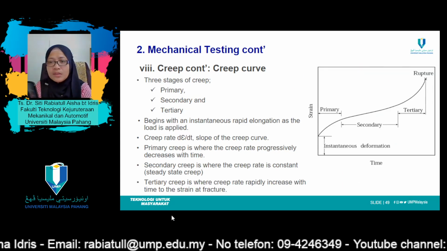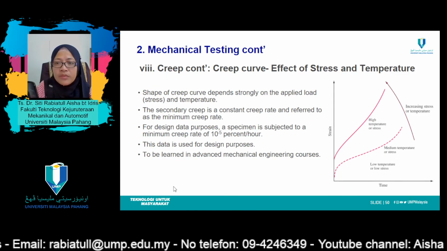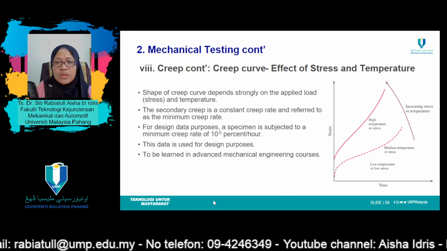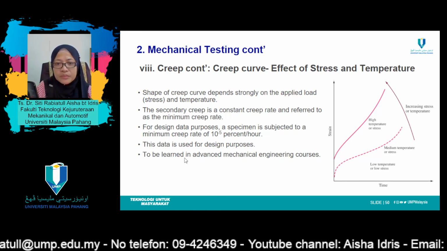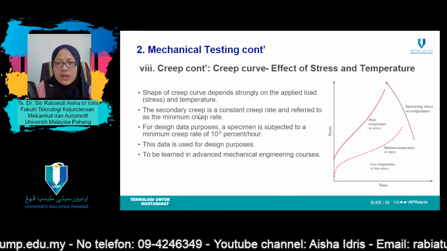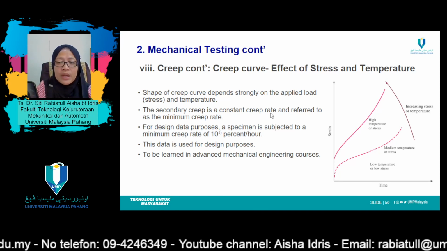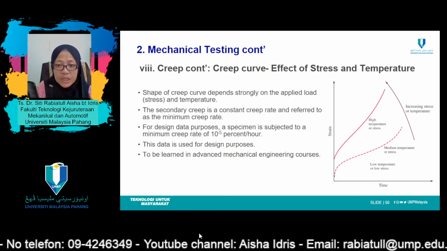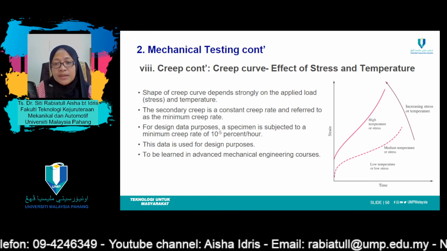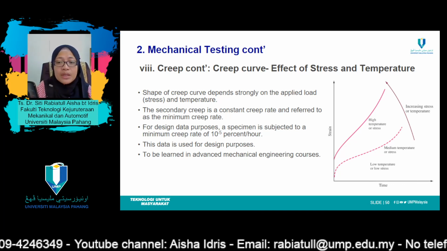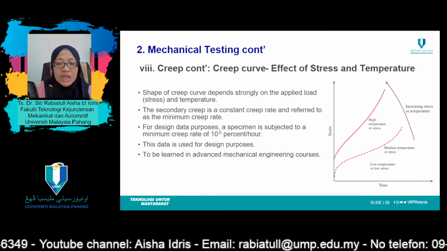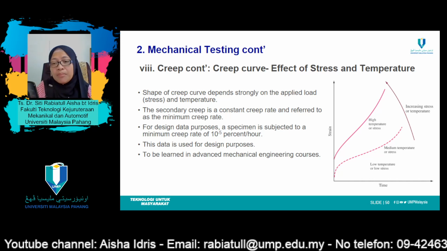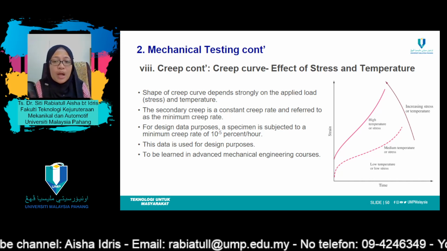Other than that, this creep curve may also be affected by temperature. The secondary creep is a constant creep rate and is referred to as the minimum creep rate. For design data purposes, a specimen is subjected to a minimum creep rate of 10 to the power of negative 5% per hour.